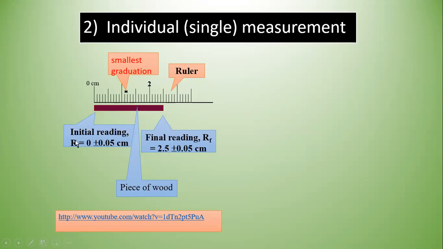So that's the initial reading, Ri, 0, with an uncertainty of 0.05 cm. You read again, 2.5, and don't need to be very particular. It is about 2.5 plus minus 0.05 cm. That's the final reading. That's a piece of wood, and that's a ruler.